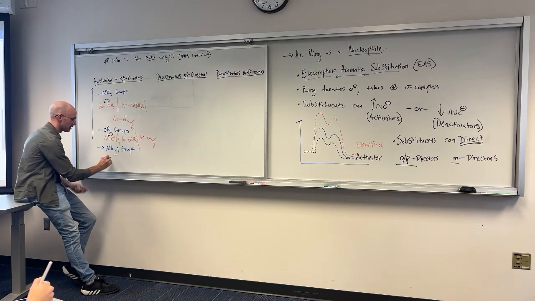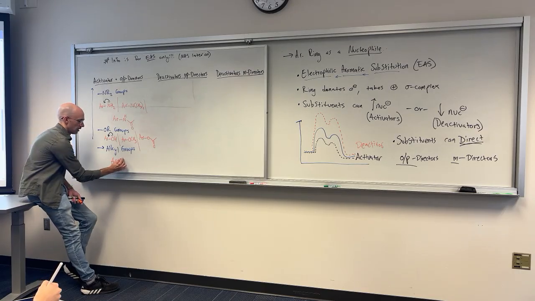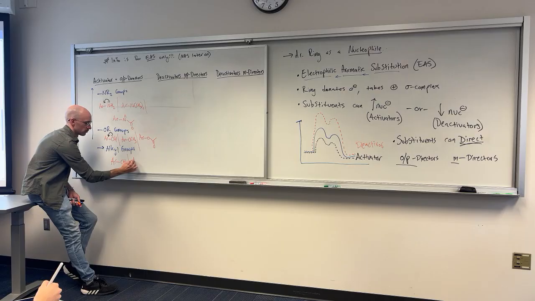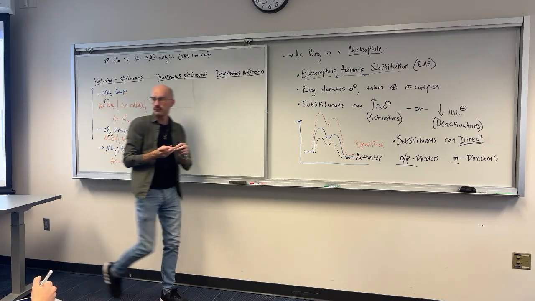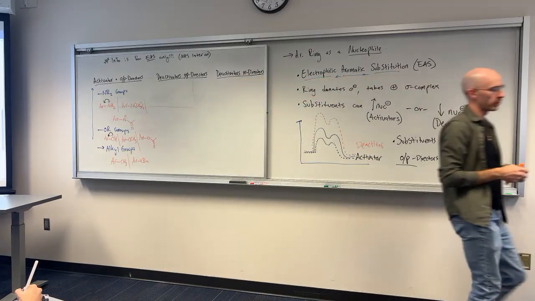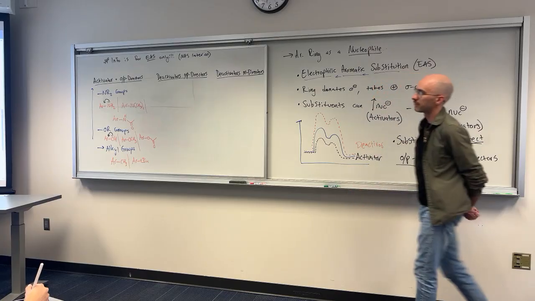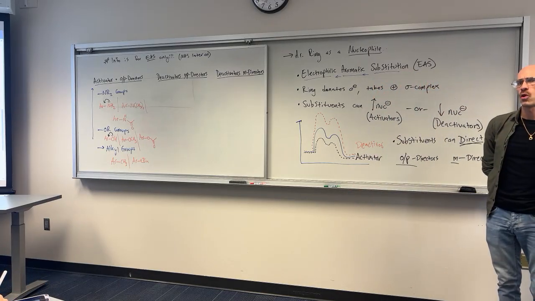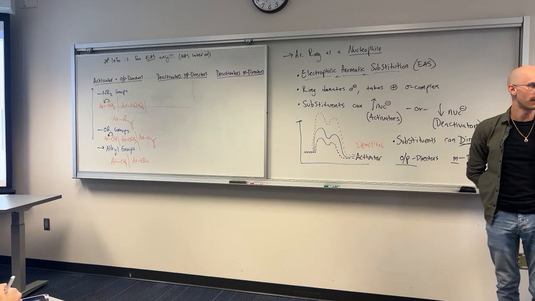And alkyl is really just methyl, tert-butyl, etc. All of those hydrocarbon chains, those are our alkyl groups. Why are these the least activating of this series?